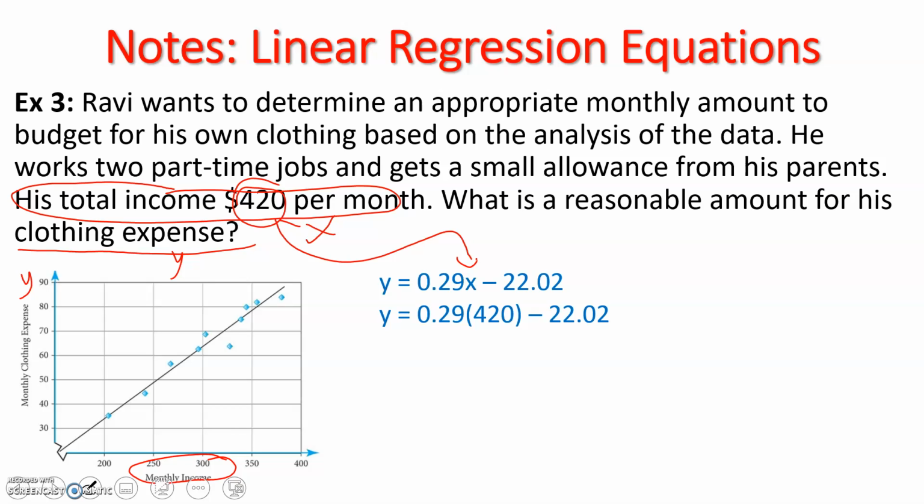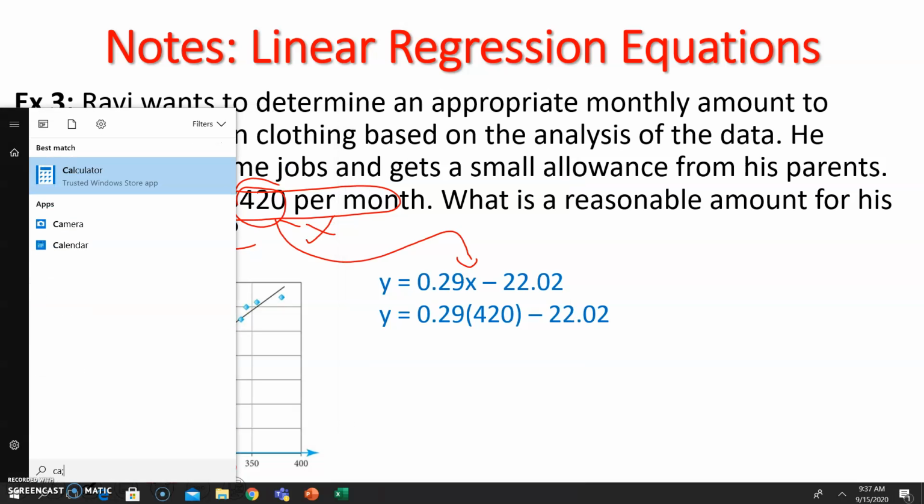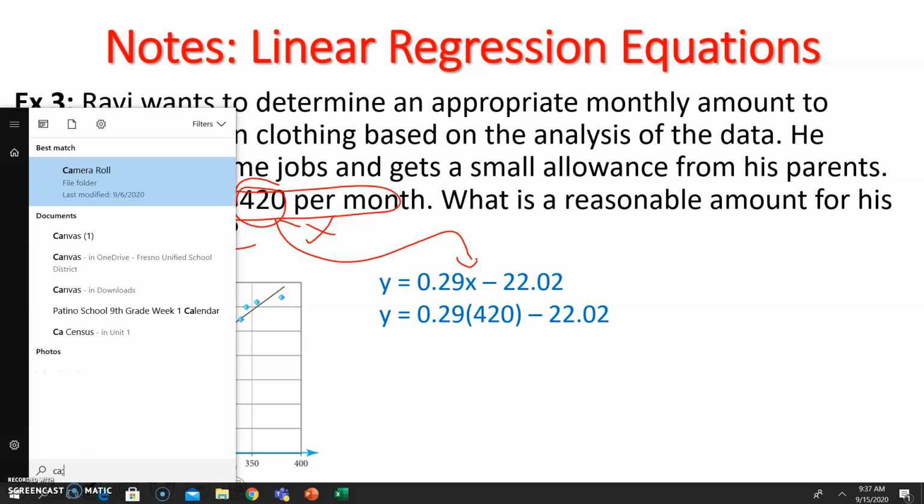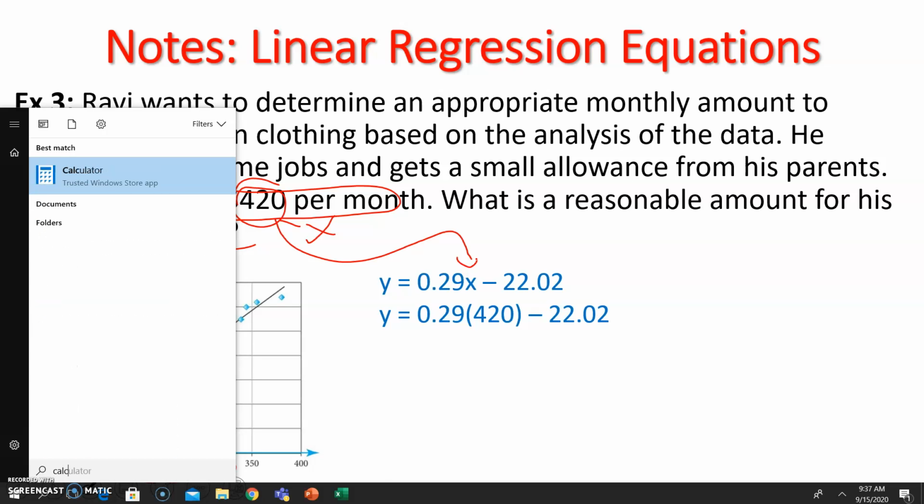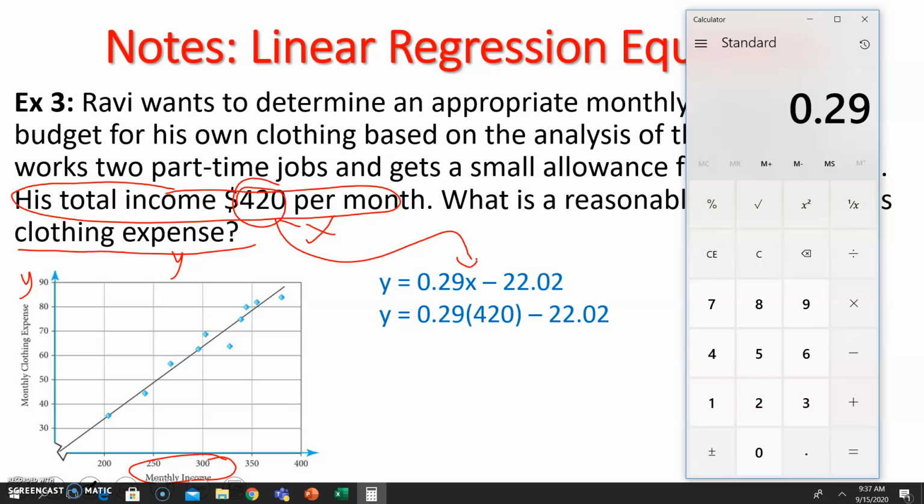We're going to use our calculators and multiply. 0.29 times 420, and then we're going to subtract the $22.02.